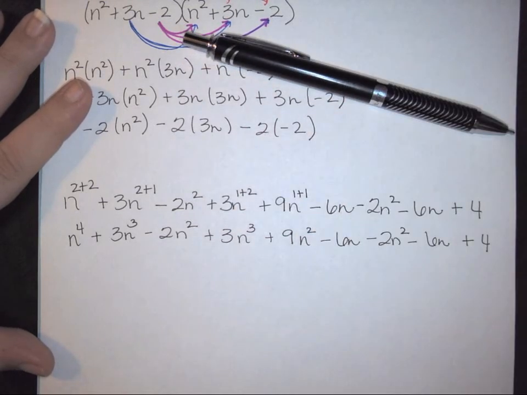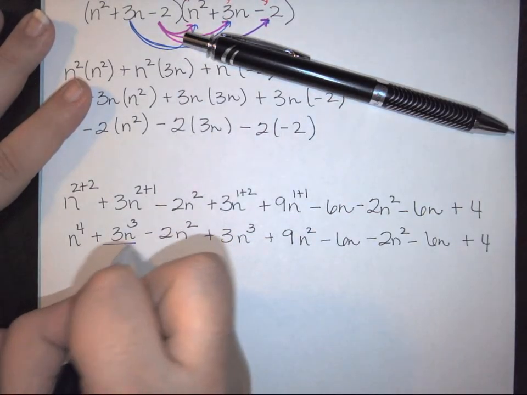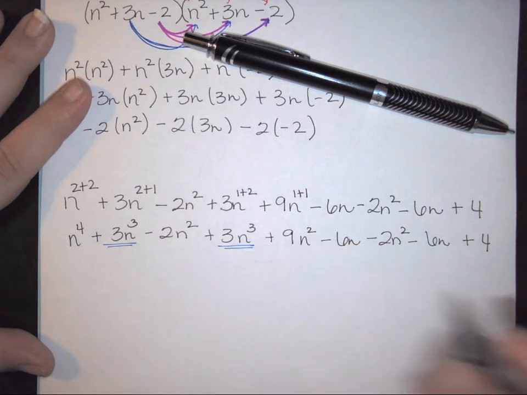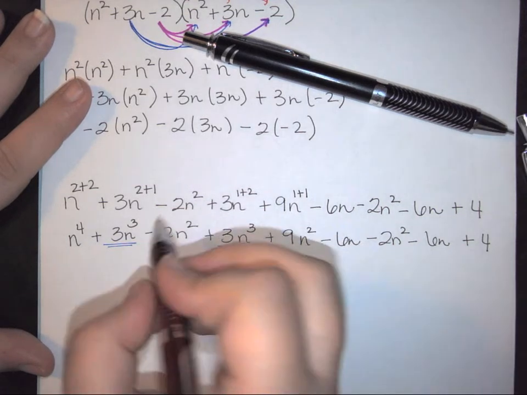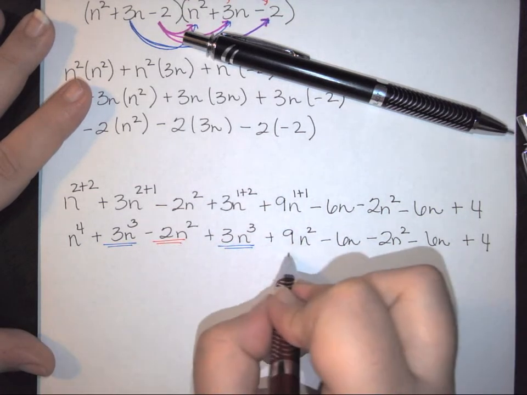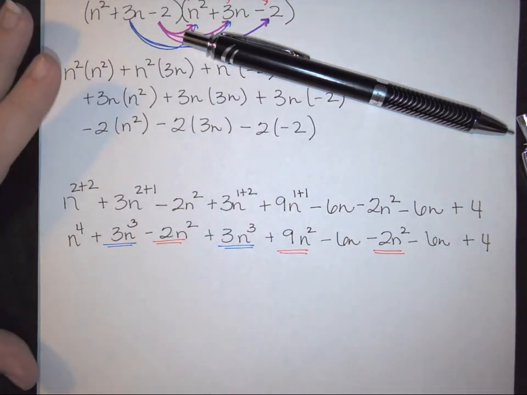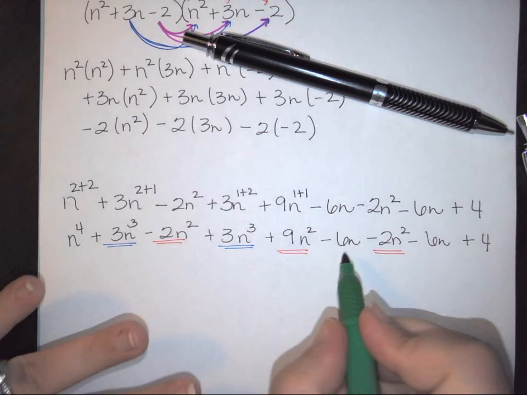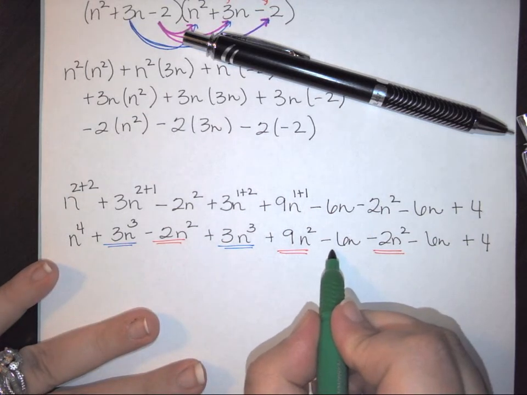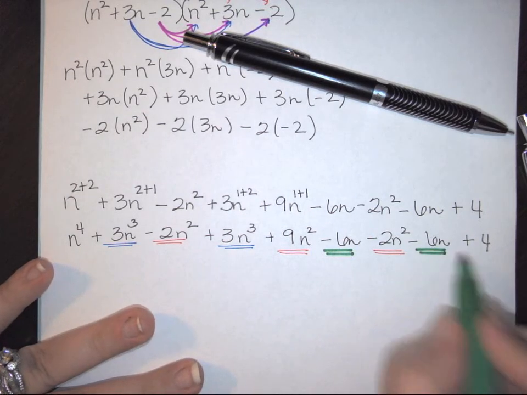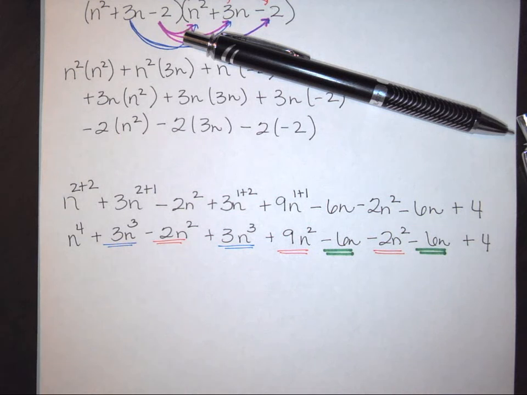Now we need to combine our terms. So I have an n cubed and an n cubed. I have an n squared, an n squared, and an n squared. I have a 6n and a 6n, and then everything else is left alone.